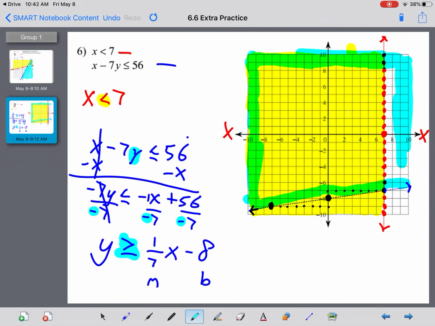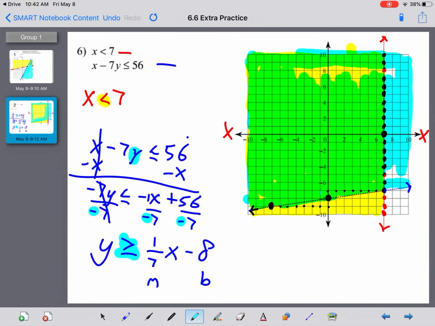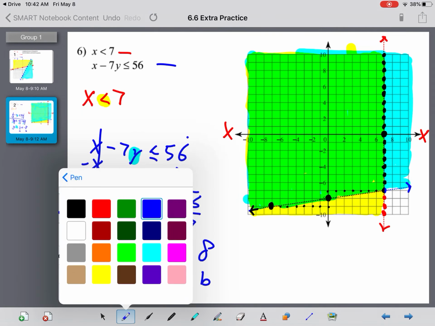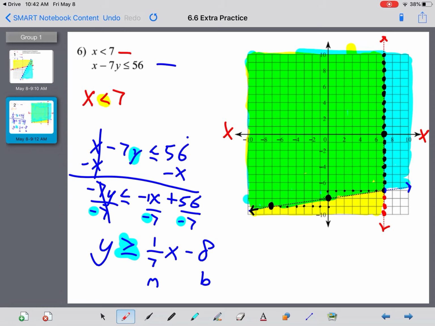This is going to be one of the larger solution sets that we've seen in all of the questions we've completed so far in this unit. Okay, and there you go. So our solution set is this giant green section. Remember, put a big S in there for solutions, and that one is complete.